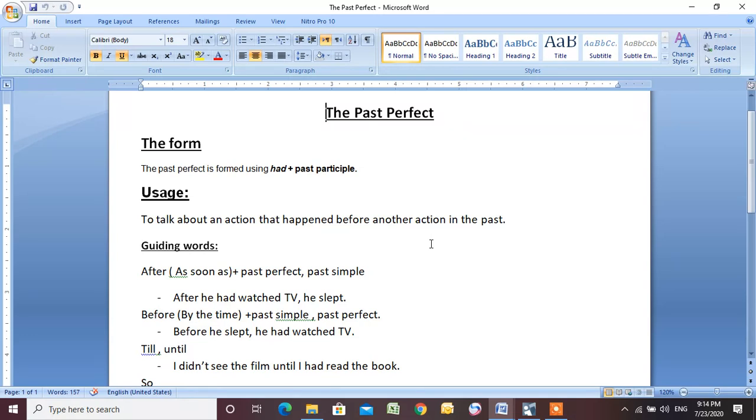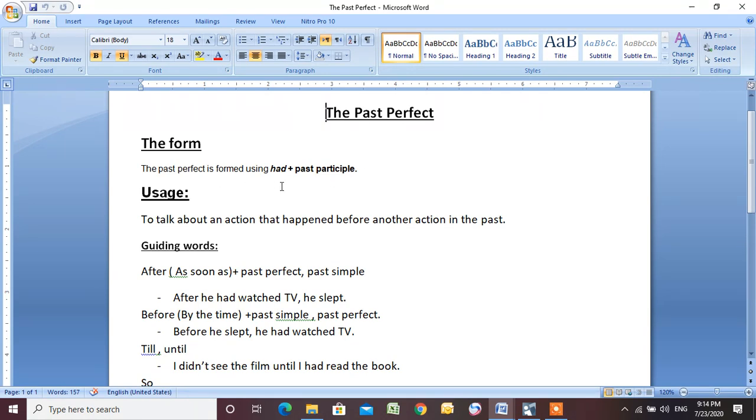For example, let's say go, the past is went, and the past participle is gone. So I will use gone, the past participle of the verb. We form it with had and the past participle of the verb.